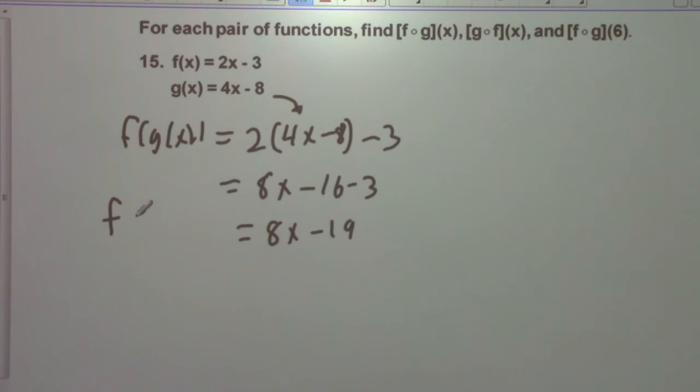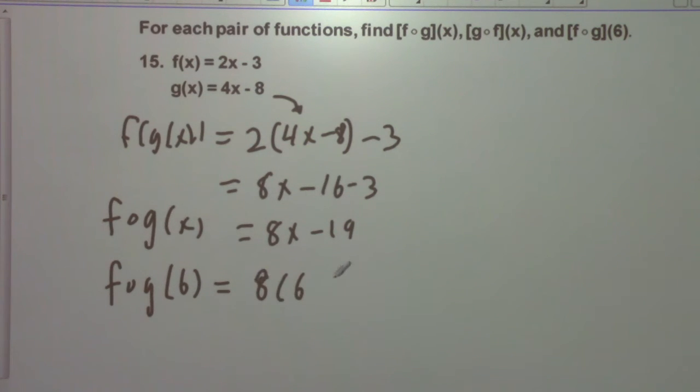So that's going to be f of g of x, right? And then if you plug in 6, you'll have f of g of 6. You get 8 times 6 minus 19. So that's going to be like 48 minus 19, it's like 29. Yeah, 29 sounds right.